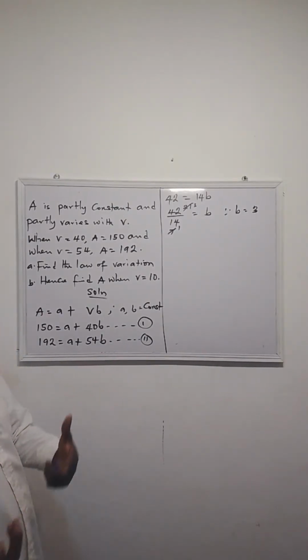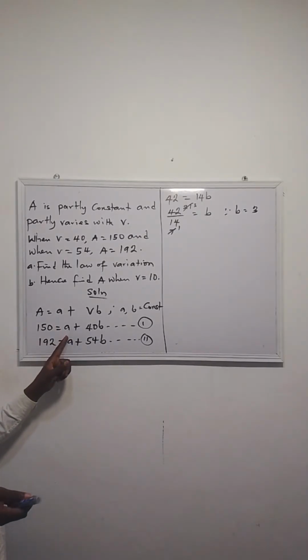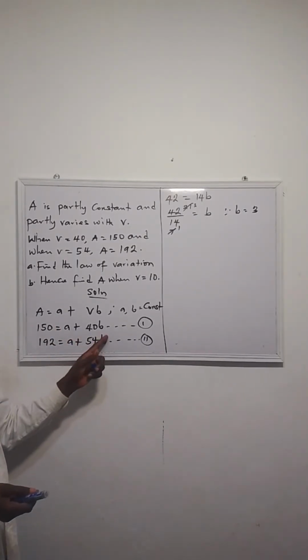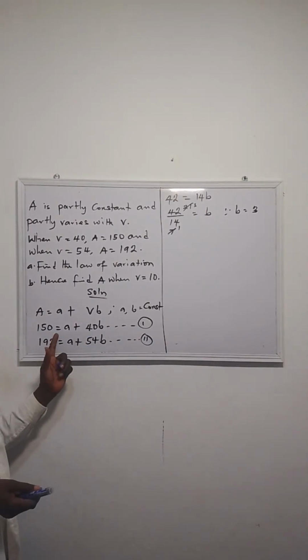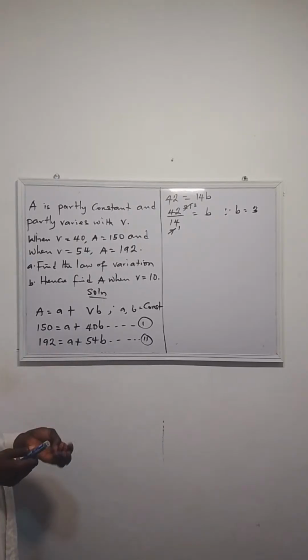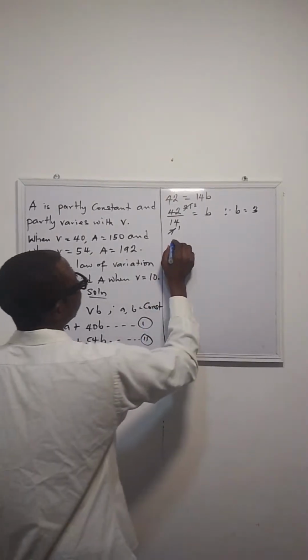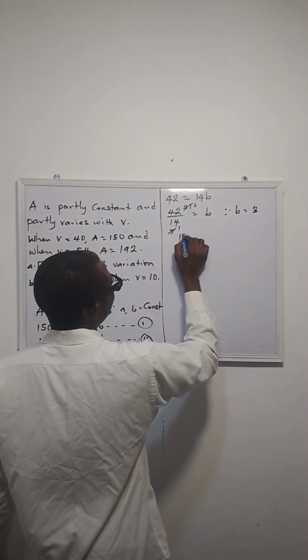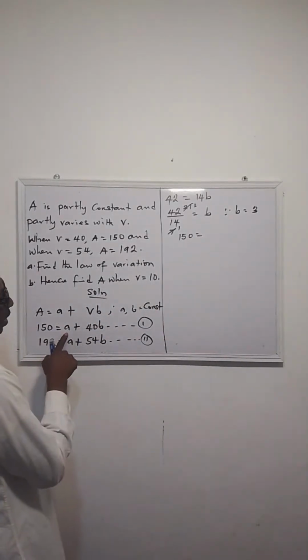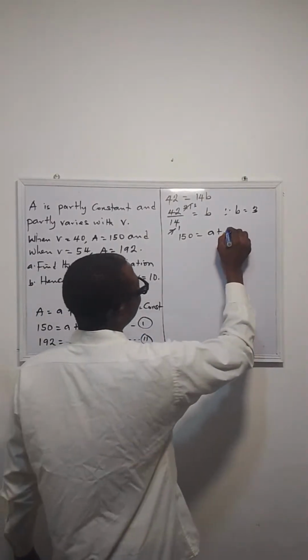Now we need to get a, the other constant. So you plug in b into any of the equations. But I prefer equation 1 because I can see that the values there are not that big. I love working with small numbers. So now let's look at equation 1. We have 150 equals a plus 40b.